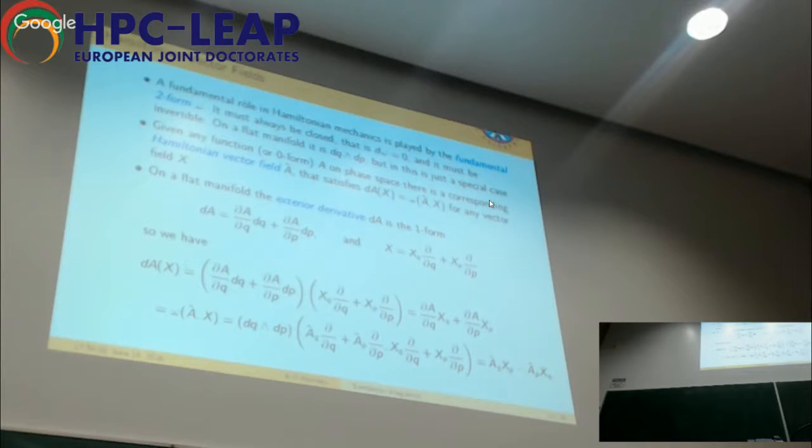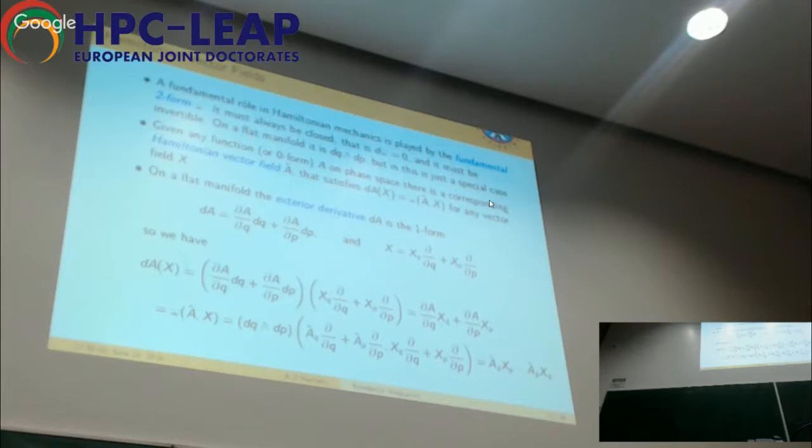And the arbitrary vector field X, I can also expand in terms of the basis vectors d by dq and d by dp with some arbitrary functions as coefficients, x sub q and x sub p. Okay. So dA of X, I apply dA to X, and now remembering that dq acts on vectors, it doesn't care about the coefficient x sub q, but it acts on the d by dq, and so if I act with dq on d by dq, I get 1, if I act with dq on d by dp, I get 0, and so on. So what that gives me is dA by dq times x sub q plus dA by dp times x sub p.